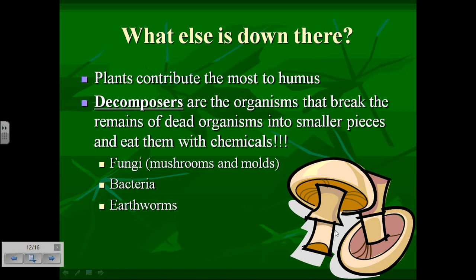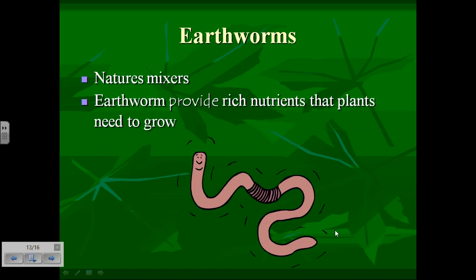These include fungi such as mushrooms and molds, bacteria, and earthworms. Earthworms are the most natural mixers. The earthworm is able to provide rich nutrients that plants need to grow.